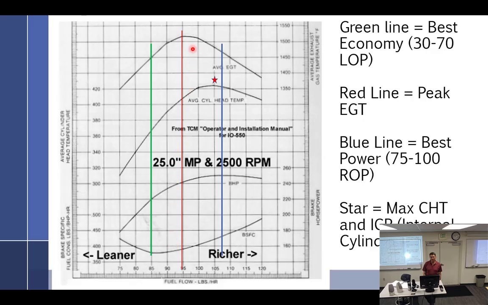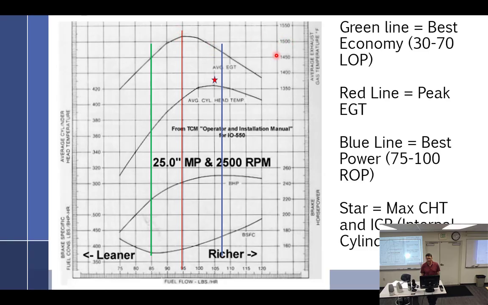A lot of folks like to run 50 degrees rich of peak. So we pull out the red knob until it peaks out, and then push it back in 50 to 75 degrees. Sorry, I was looking down here at fuel flow; I need degrees, and that's up here.